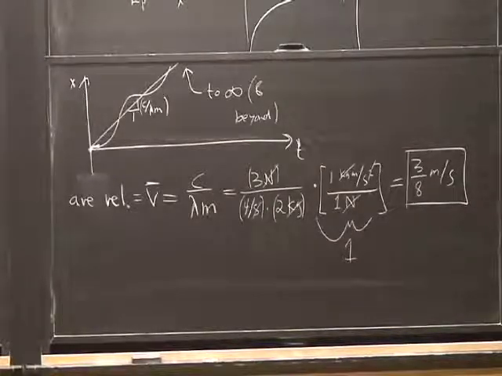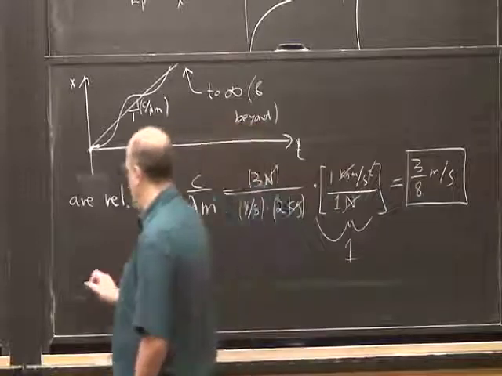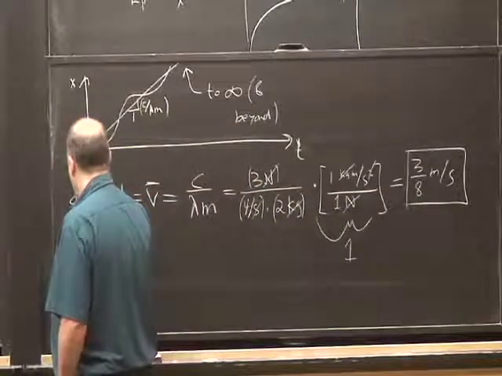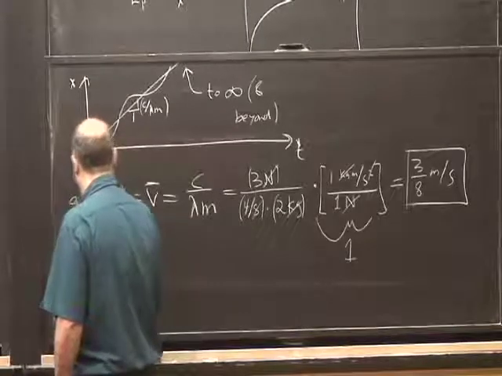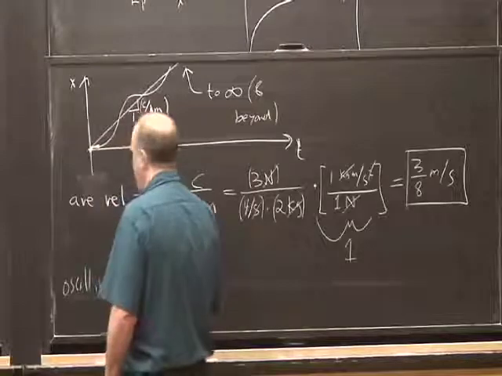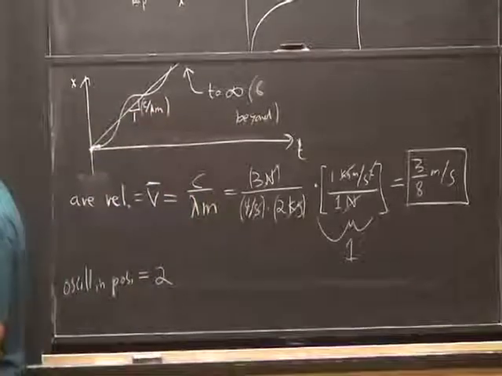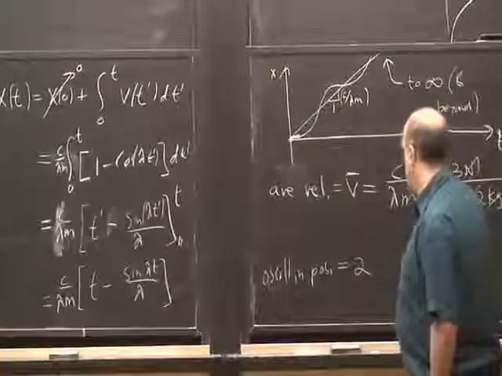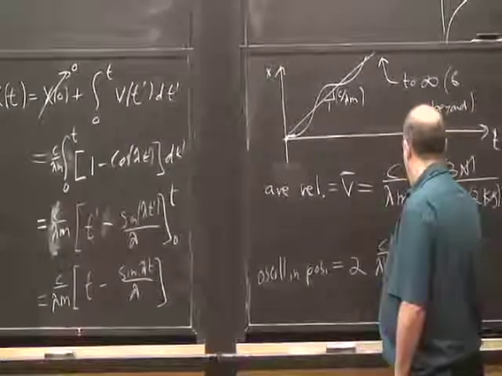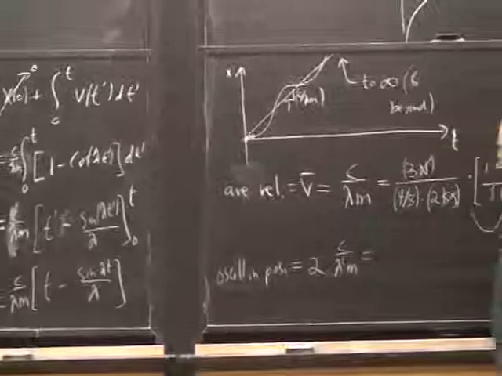If we wanted to figure out the size of the oscillations in position, they are equal to 2 times the amplitude of this cosine wave, which is c over lambda squared m. And then we can do that calculation too.